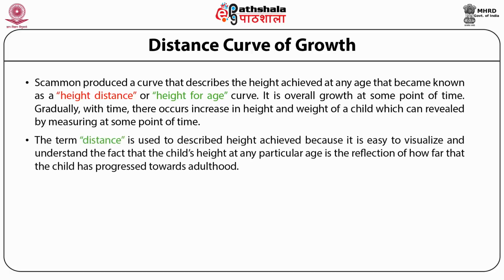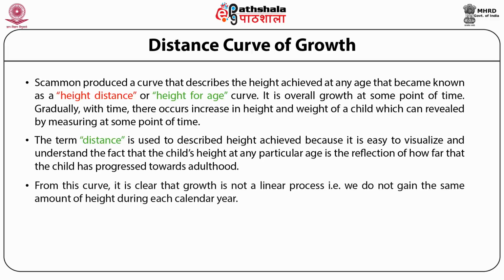The term distance is used to describe height achieved because it is easy to visualize and understand the fact that the child's height at any particular age is the reflection of how far that child has progressed towards adulthood. The curve resulted is a relatively smooth and continuous process. It is not characterized by periods of no growth and then by dramatic increase.